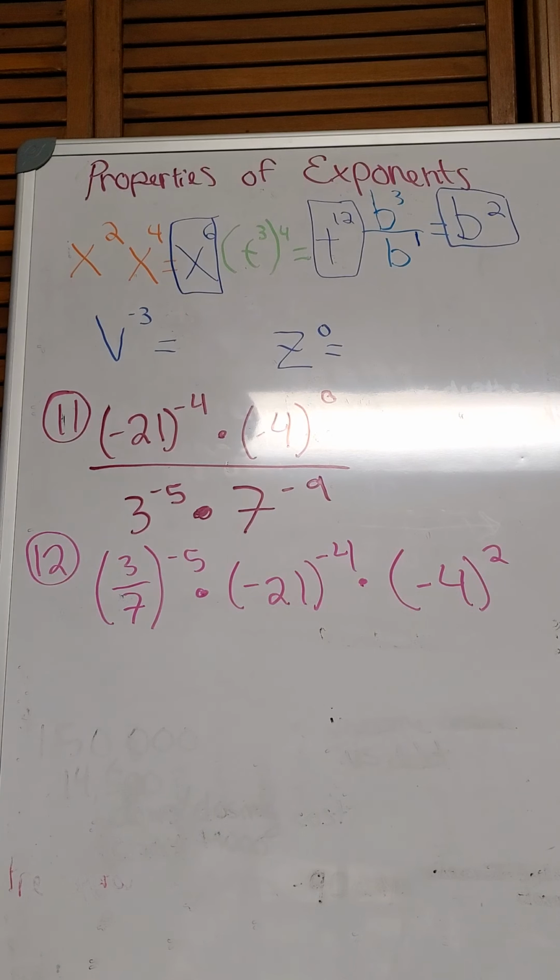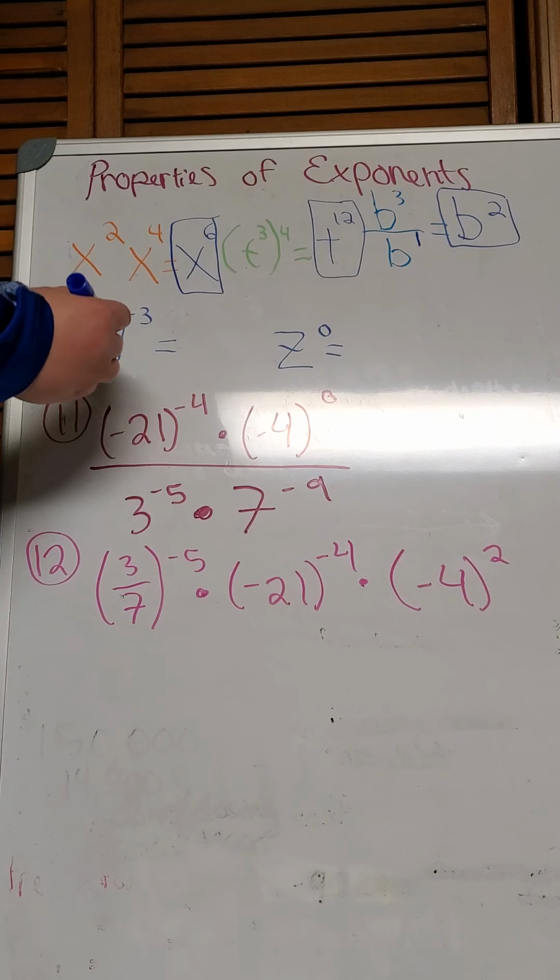Okay. The next one, it says v to the negative third power. We never want a negative exponent in our final answer. To get an exponent not to be negative, you change the location of the base. So right now, I don't write it there, but this is really v to the negative third over 1.